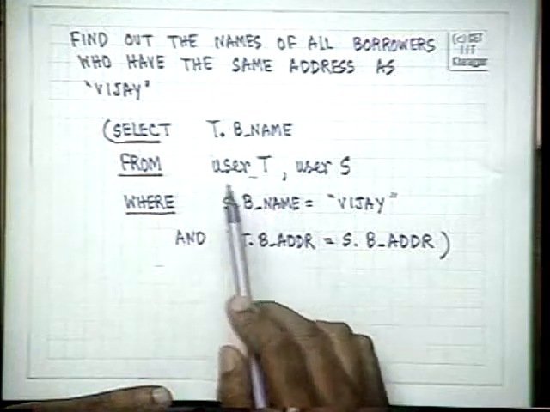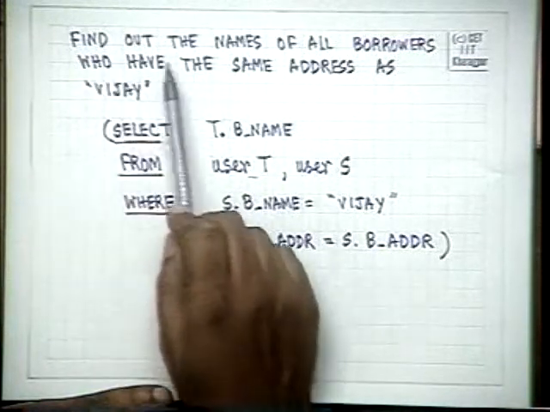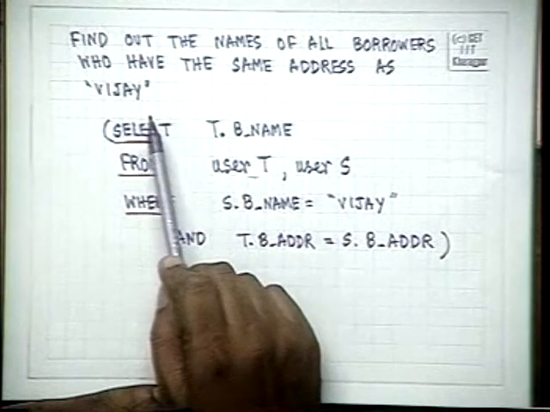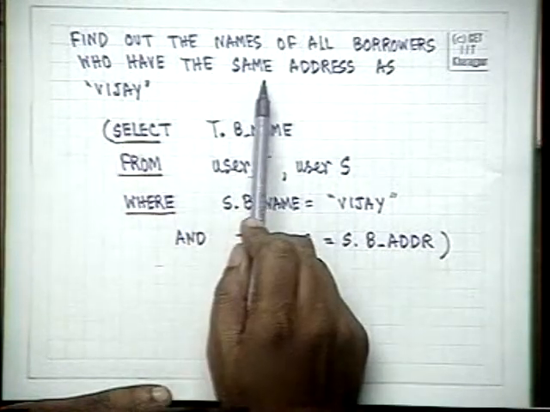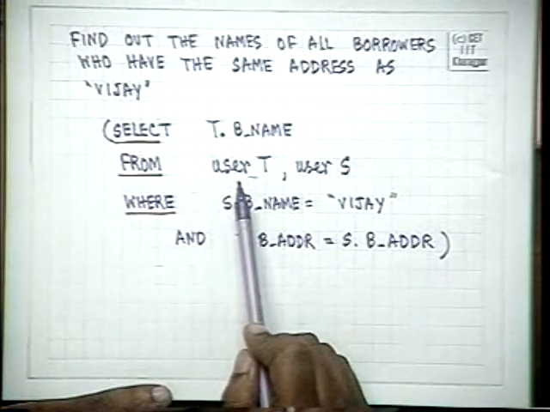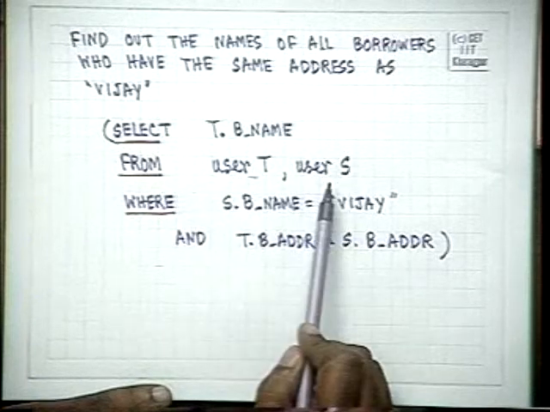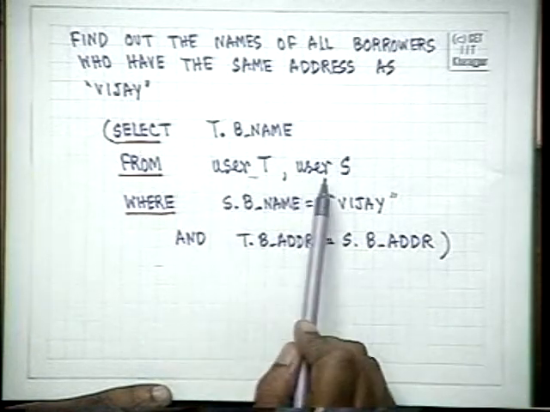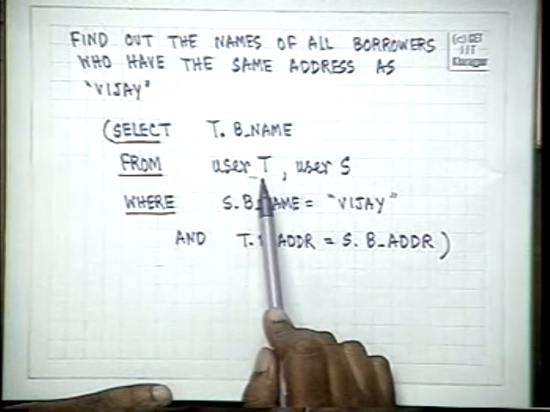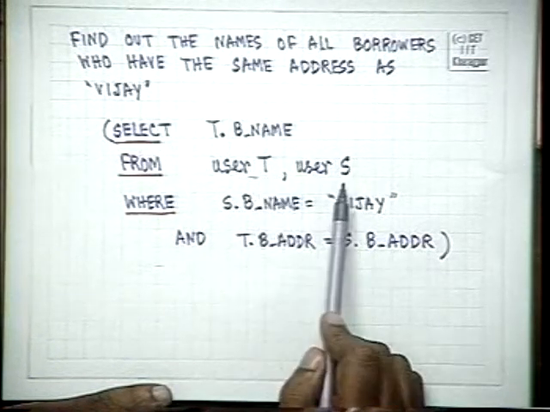We discussed the use of variables when we solved the problem: find out the names of all borrowers who have the same address as Vijay. The name and address of Vijay was available in the user relation. Now we have to use the user relation twice, so we do a Cartesian product of that, and to rename it, we use the tuple variables t and s.